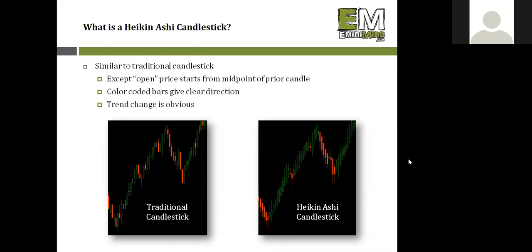So with intraday trading especially, where things are moving at you really quickly, you want to be able to identify the trend or lack thereof. And so the smoothness of the Heikin can really help dictate some of that.